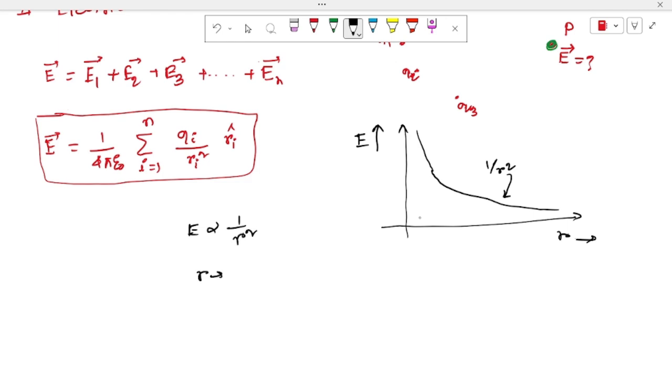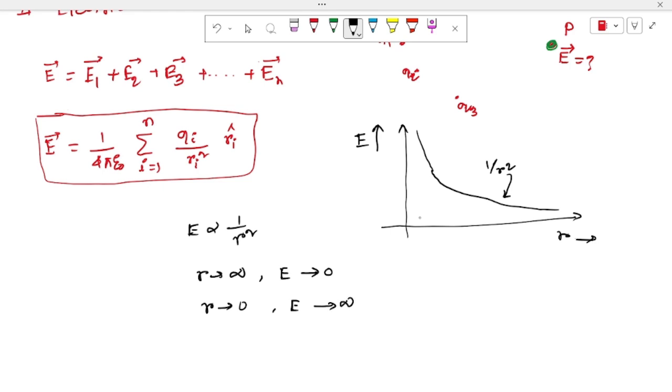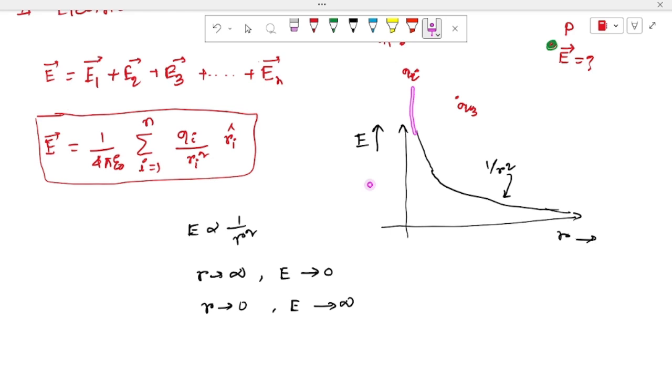That means when R tends to infinity, electric field tends to 0. And when R tends to 0, electric field intensity tends to infinity.